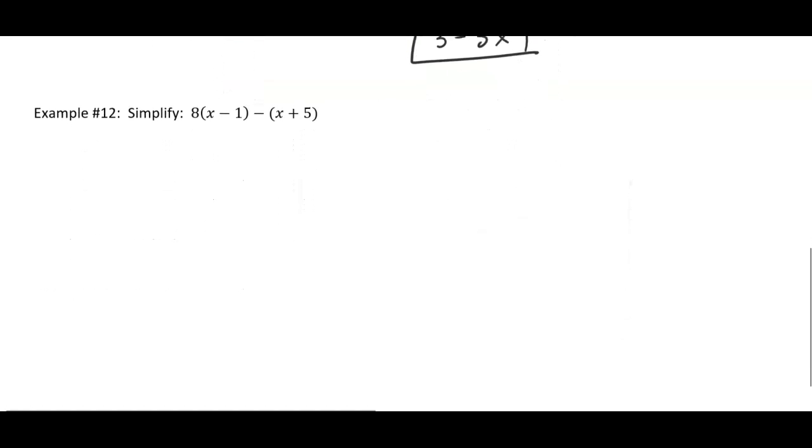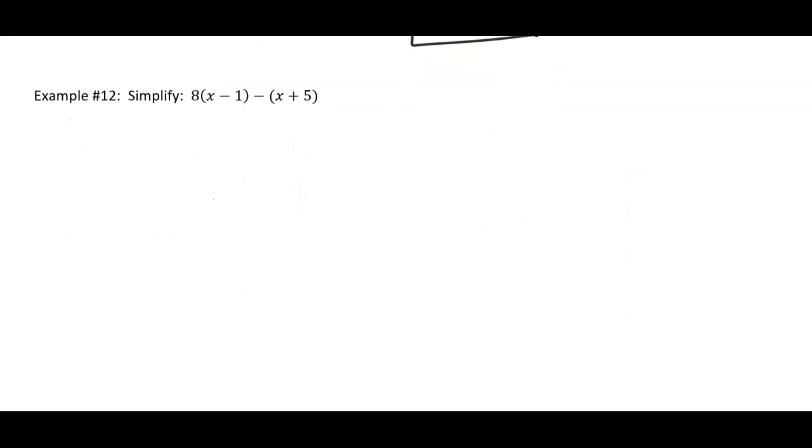We have something similar on this last one. We're going to distribute the 8, and it just goes to what's inside those parentheses. So we're going to get 8x minus 8. And then I have to distribute this minus, or think of it as a minus 1, minus x minus 5. This is how I would do the problem.